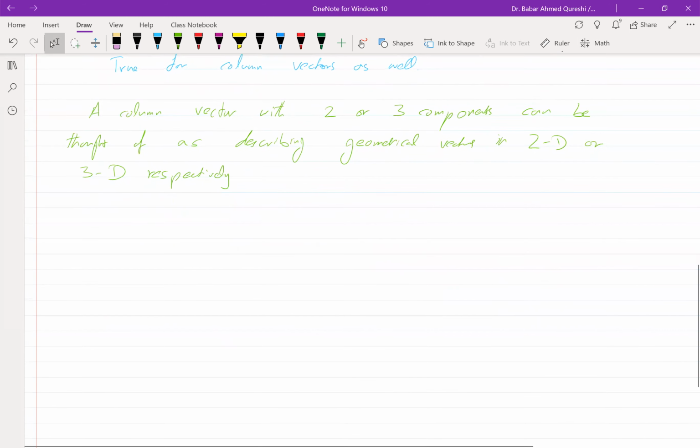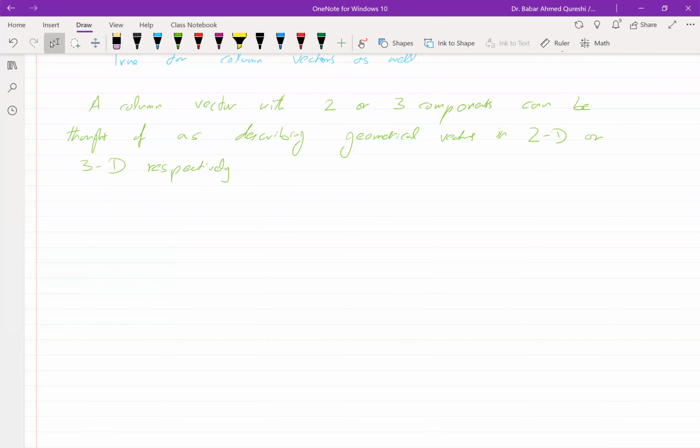Now, what about if you have an n-dimensional column? So we had objects like these, where these a_i are from the real numbers.